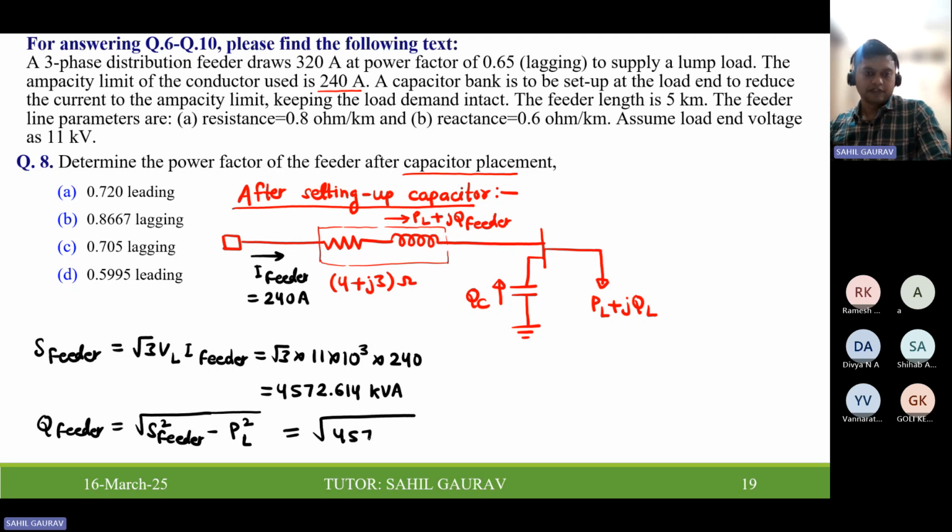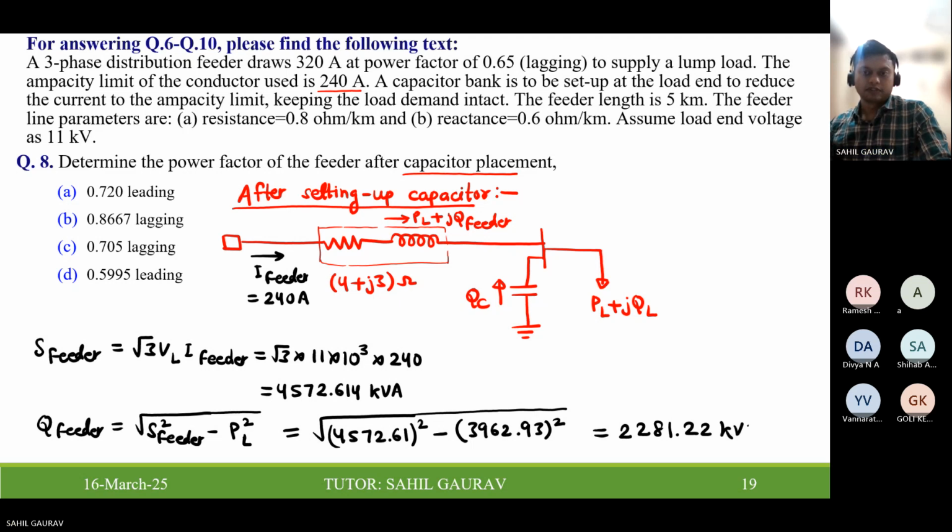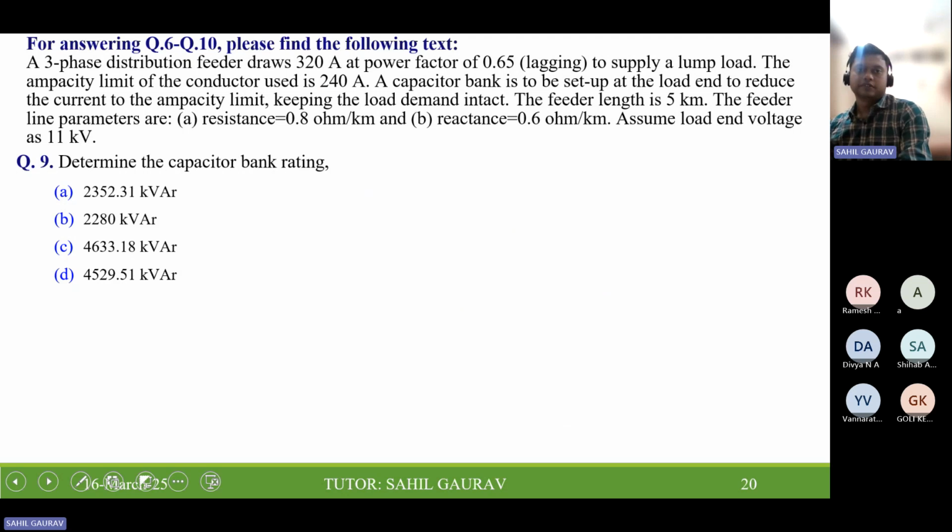So 4572.61 whole square minus PL, which we have found in the previous section, 3962.93 whole square. So this will give you 2281.22 kVAR. So you got Q feeder.